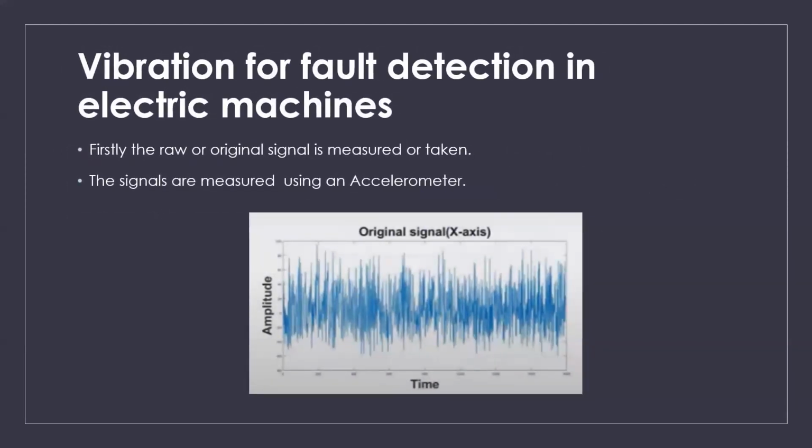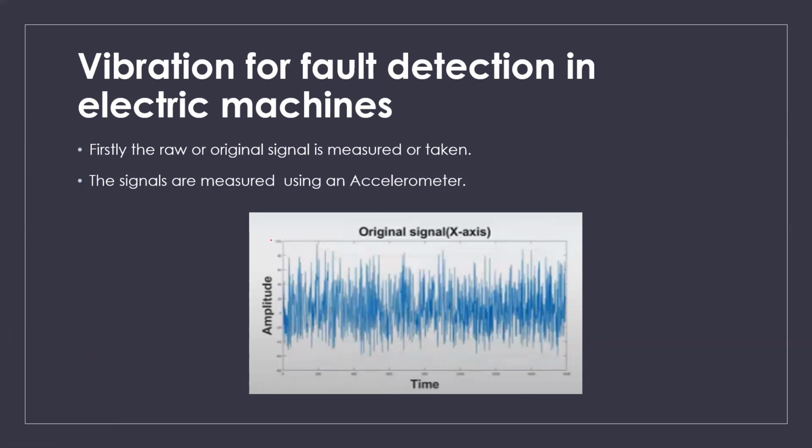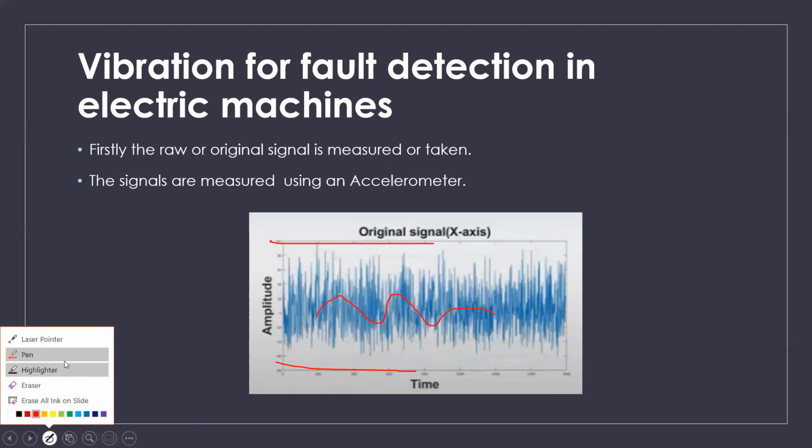Firstly, the raw or original signal is measured. These signals are measured using an accelerometer. As we can see, each machine has certain levels of thrust, curves, and certain waveforms, and these vary with the conditions.